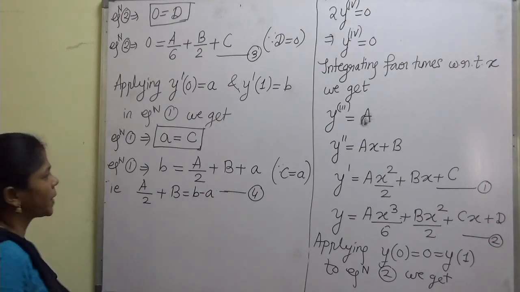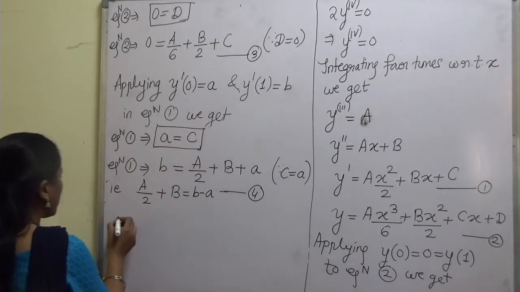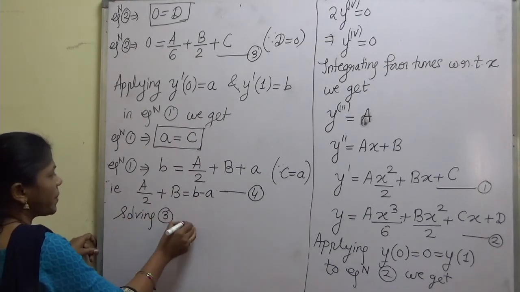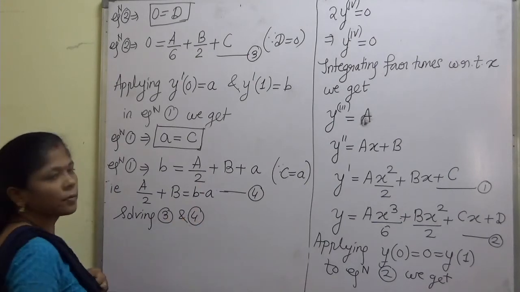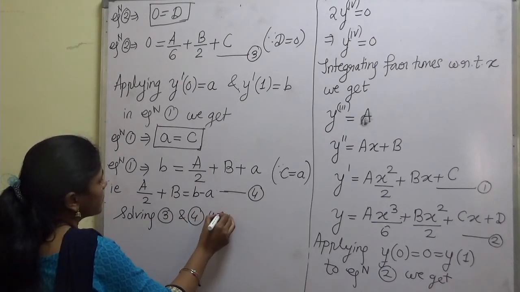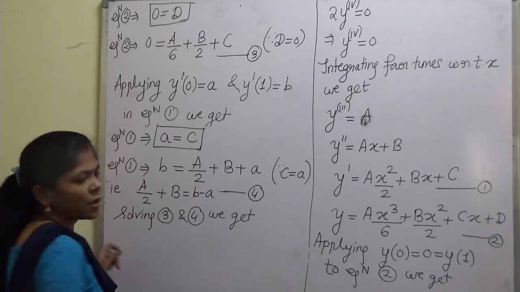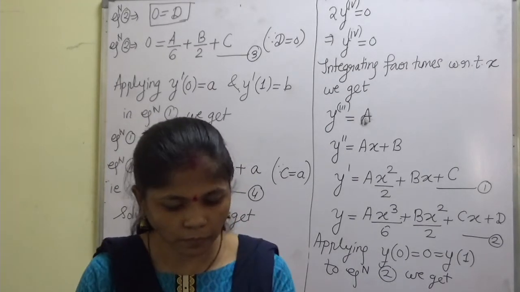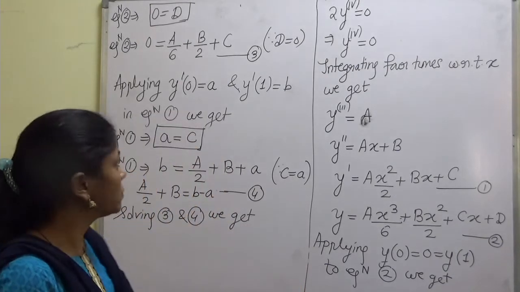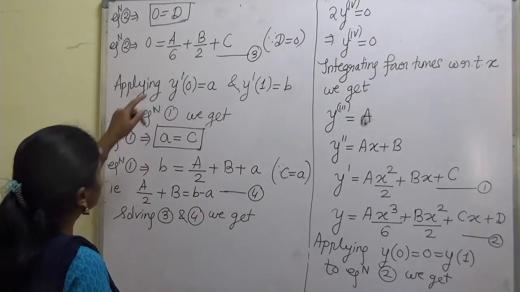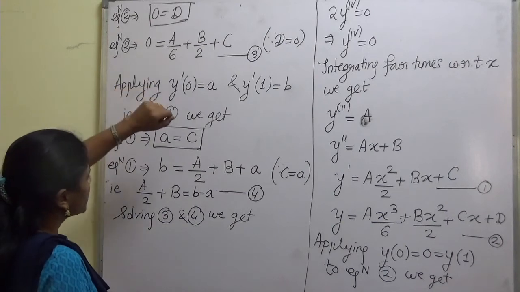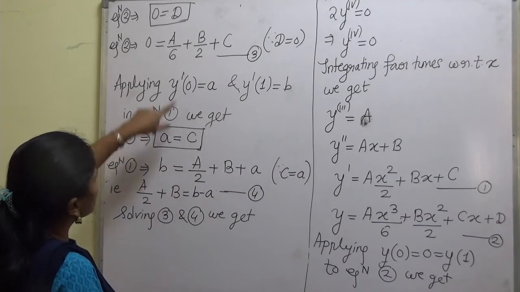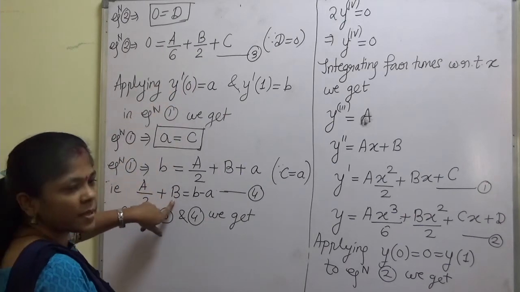Okay. Now, solving equation 3 and 4 simultaneously, we get, yes, what we shall get? We shall get the value of, yes, what we will do? So here, simplifying. So let us divide this by 2.